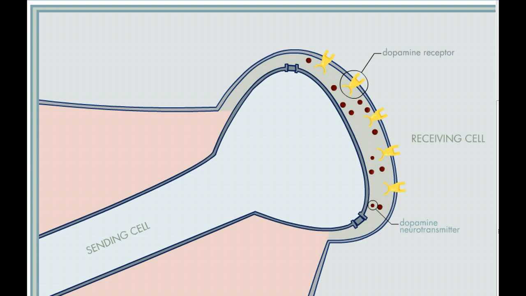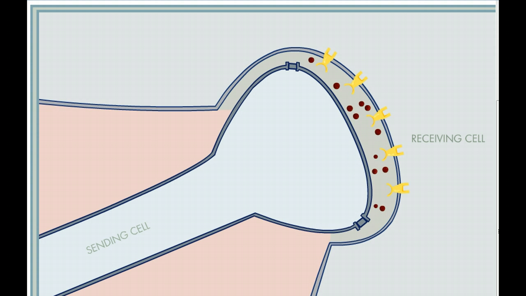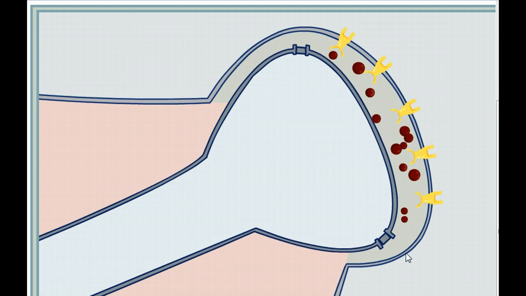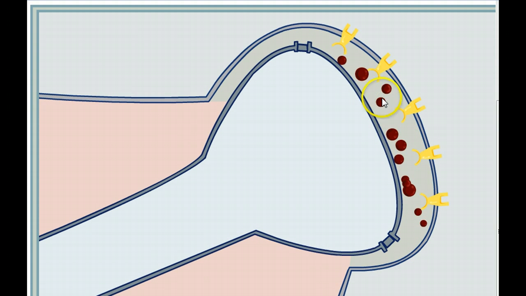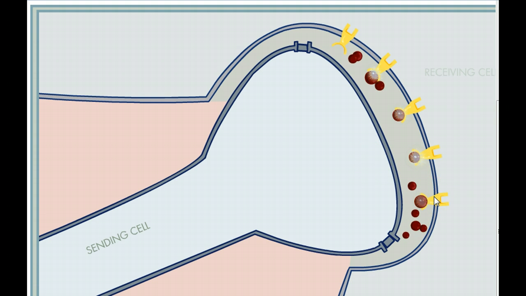Now, the receptors are specifically designed to only fit dopamine because these are dopamine receptors. So the dopamine is binding with the dopamine receptors and causing a cascade of events.